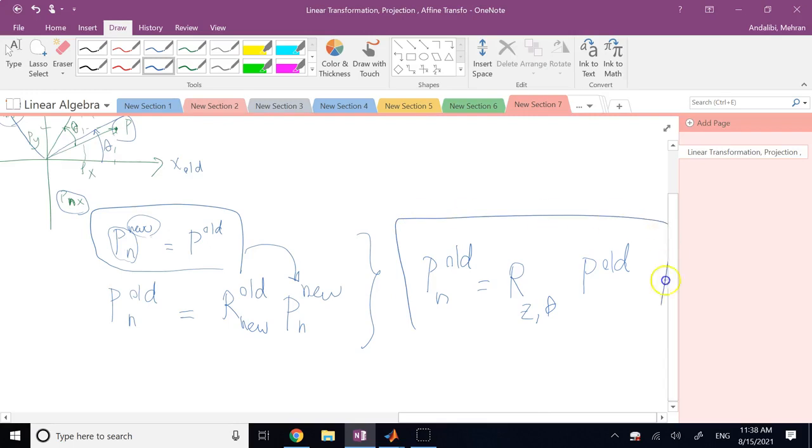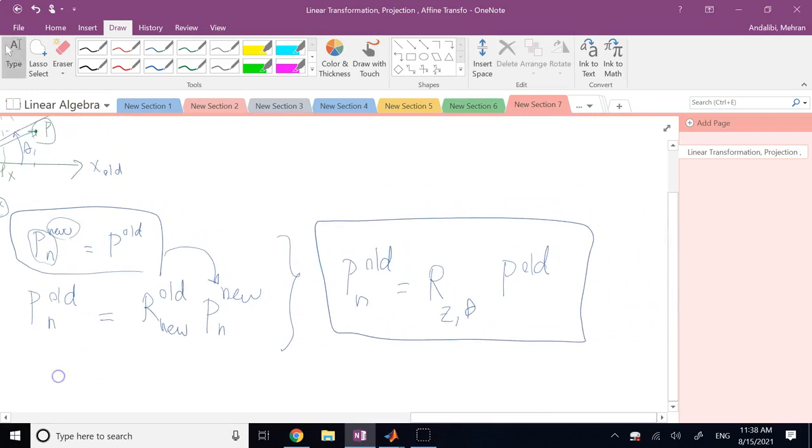So I get this. So take a look. If I do not rotate my frame, I keep my frame constant, just rotate my point instead. This one says the coordinate of the new point in the same old frame is equal to the rotation z and theta times whatever it was in the old frame.